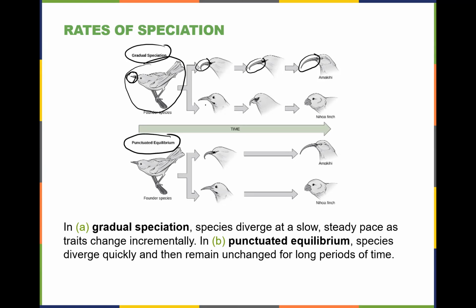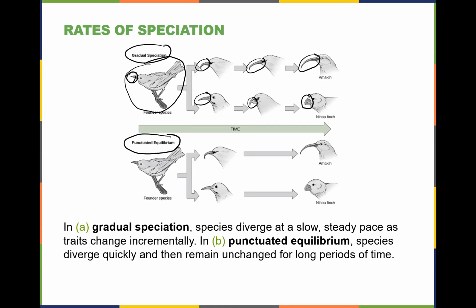Or, okay, another example over here, this is coming from small, big, long and small becoming a little bit shorter. And then the other species over here has a very thick beak.